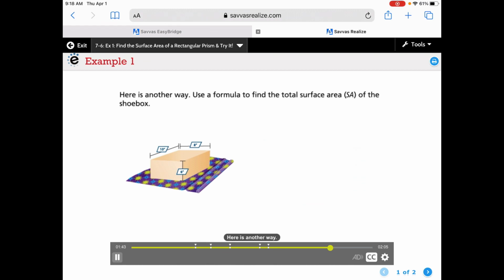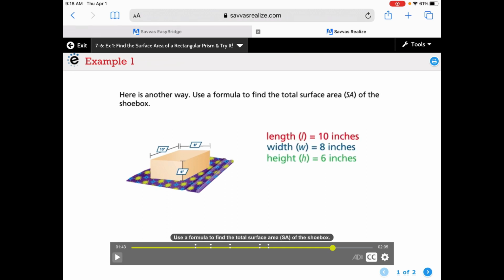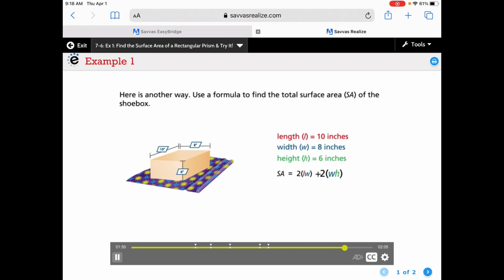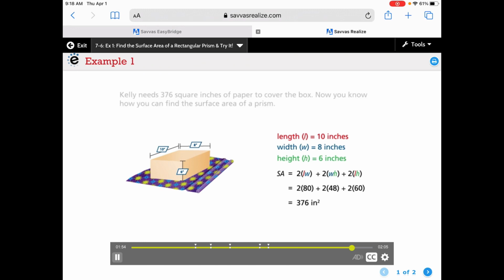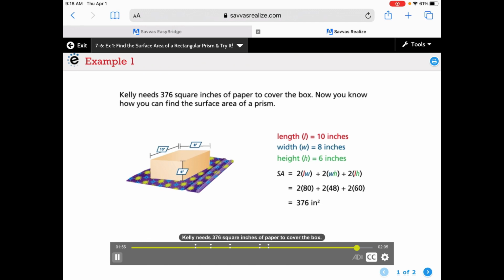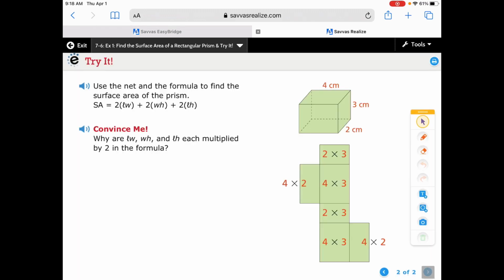Here is another way. This is the way that we could do it using the formula sheet that I provided, as I said before. A formula to find the total surface area, SA, of the shoebox. Kelly needs 376 square inches of paper to cover the box. All right, let's try it. They're giving us the way of doing it using the net. Like I said, we're going to try and do it both ways.